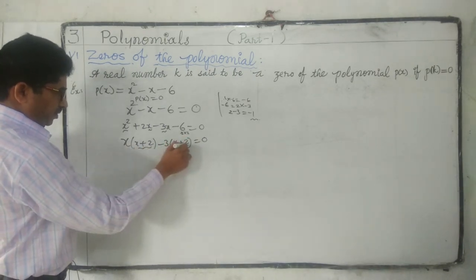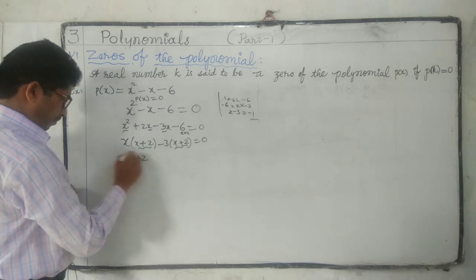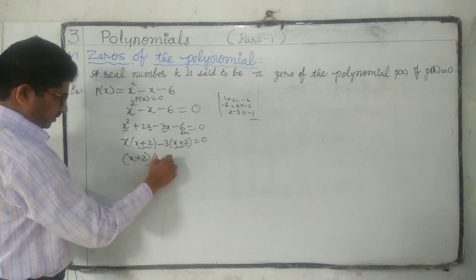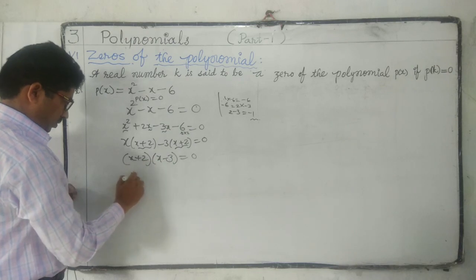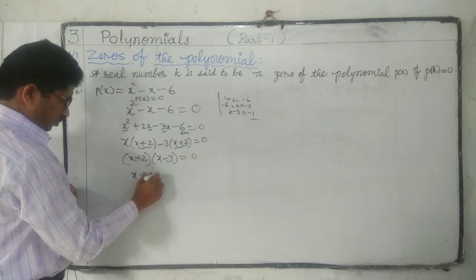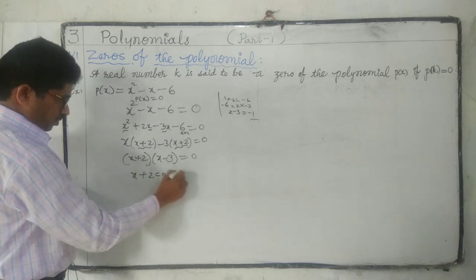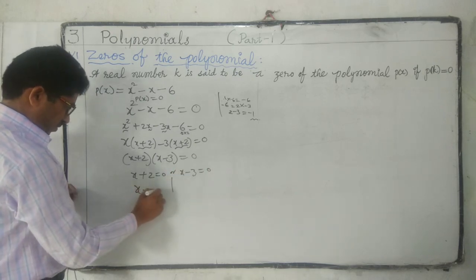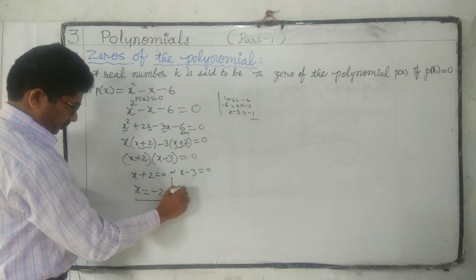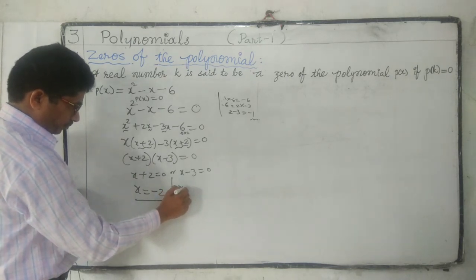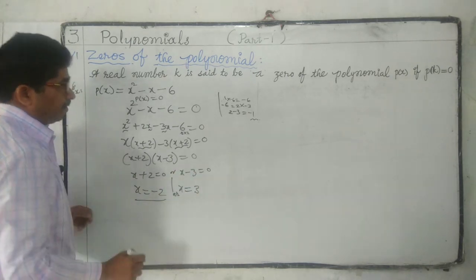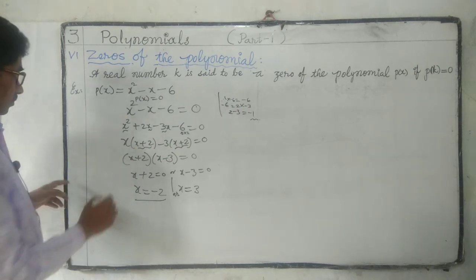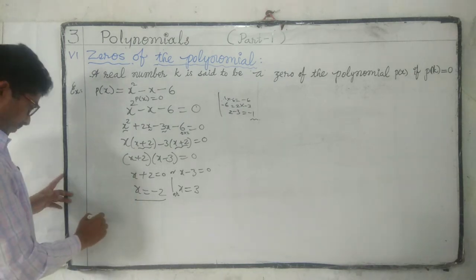X plus 2 is again common: x plus 2 into x minus 3 is equal to 0. Therefore, x plus 2 is equal to 0 or x minus 3 is equal to 0. X is equal to minus 2, x is equal to 3. Therefore, it has two zeros.